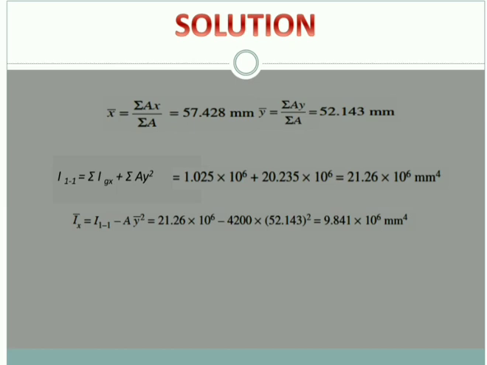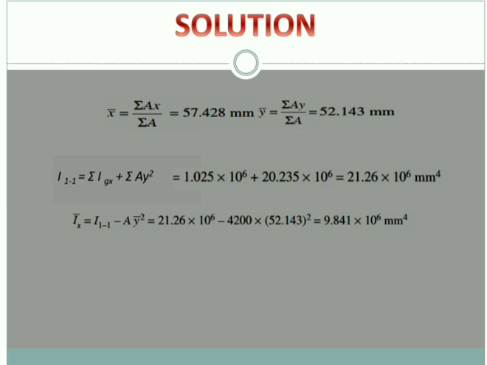So what is the statement of the parallel axis theorem? Actually I11 will be equal to I bar x plus A y bar square. So I am just interchanging the terms, taking left to right, right to left, and updating the equation for I bar x equal to I11 minus A y bar square.